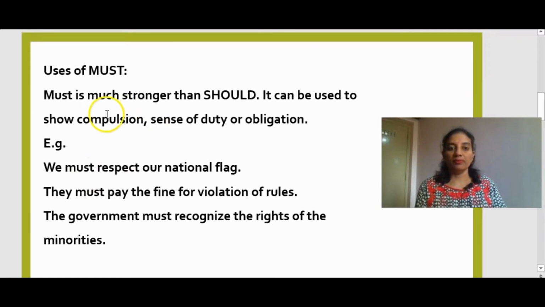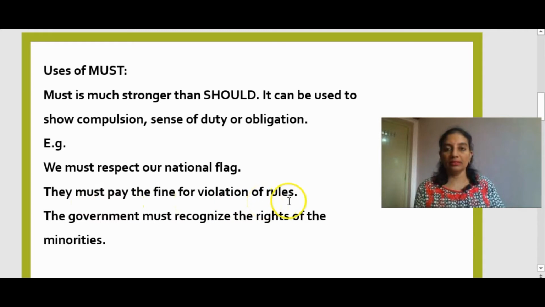And uses of must. Must is much stronger than should. It can be used to show compulsion, sense of duty or moral obligation as well. Okay, uses are much similar to the uses of should only, but it is really stronger than that. Look at the given examples. We must respect our national flag, otherwise there will be consequences. They must pay the fine for violation of rules.